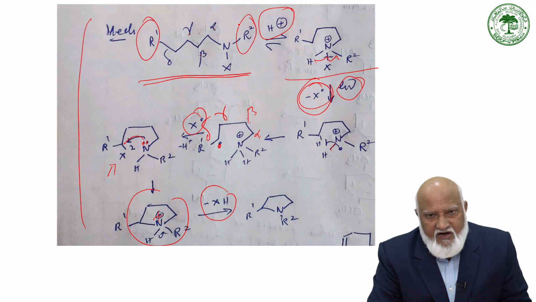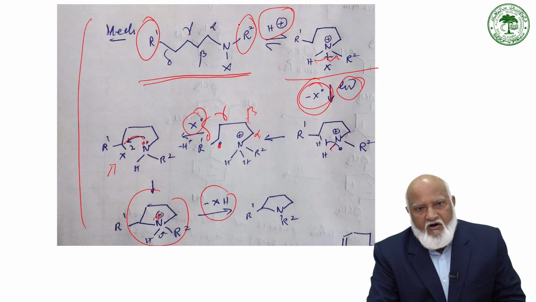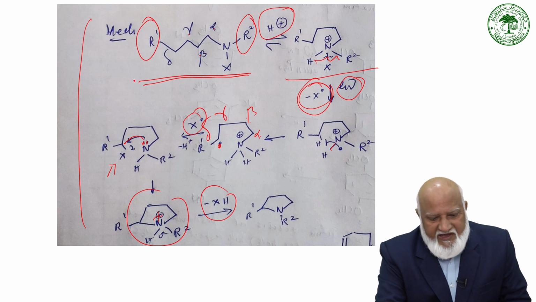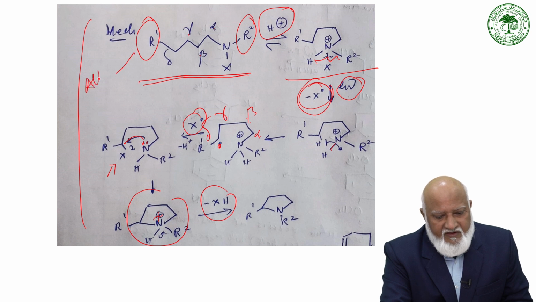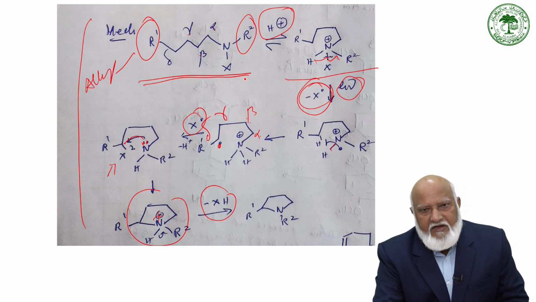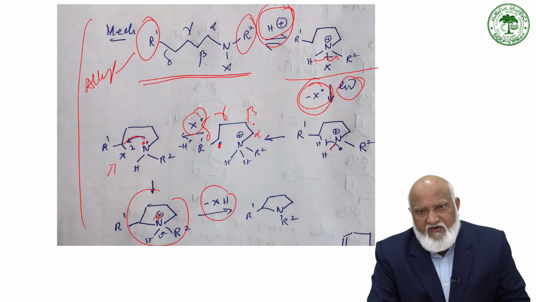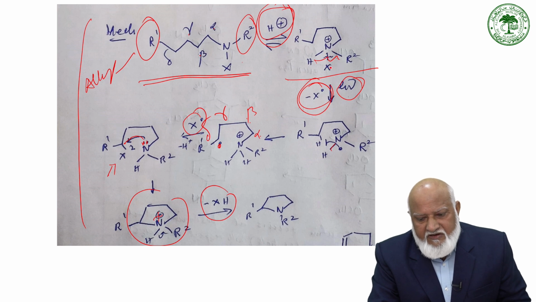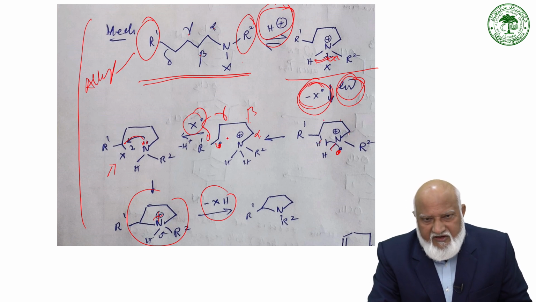R1 and R2 could be alkyl, aryl or H, or acyl. The first step is protonation in the presence of a strong acid to give a protonated amine, and this under photolytic condition can undergo homolysis to give the halide radical and the N radical, which can abstract a hydrogen atom from the 1, 2, 3, 4 carbon system to give a carbon centered radical.